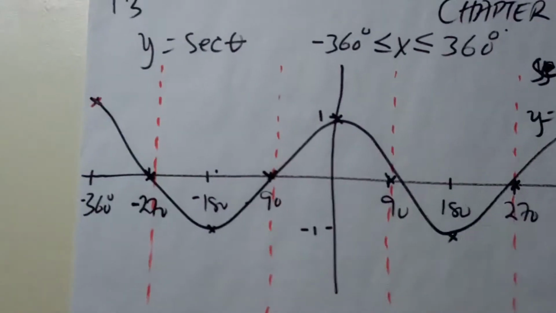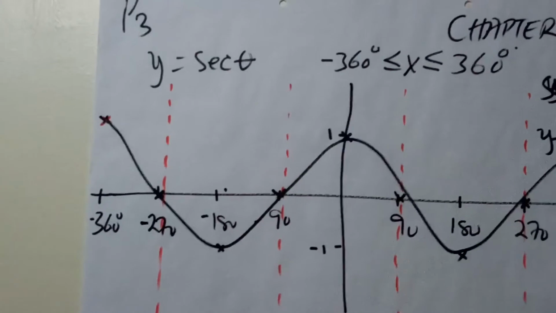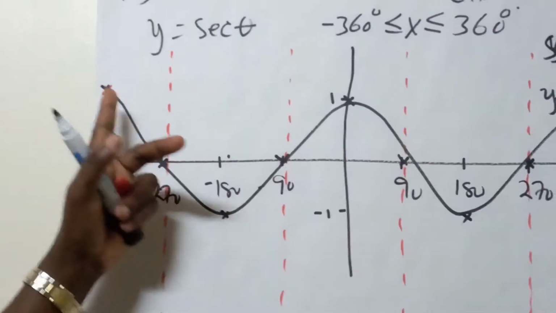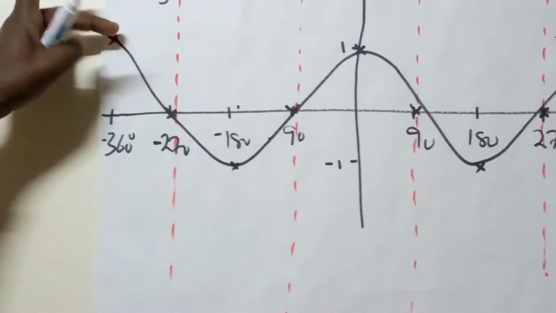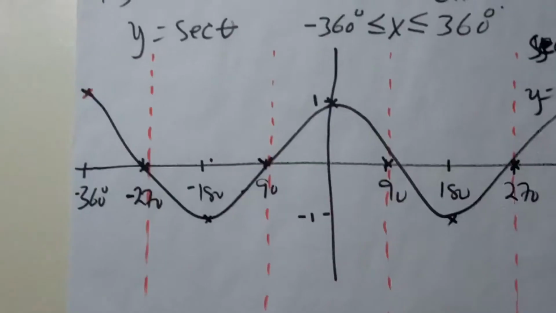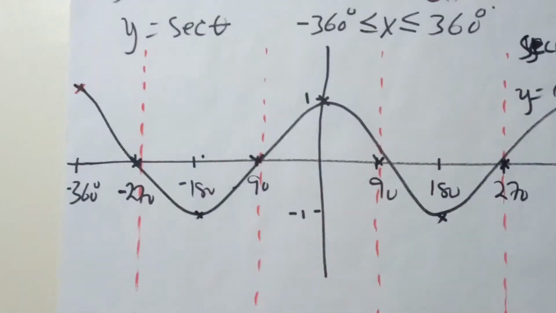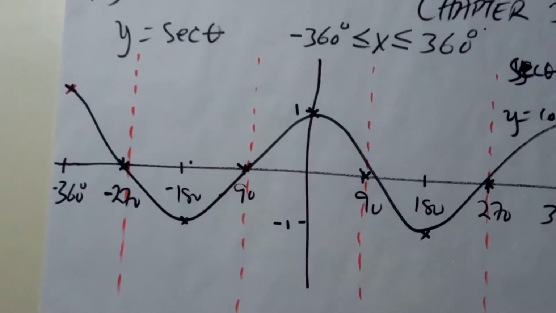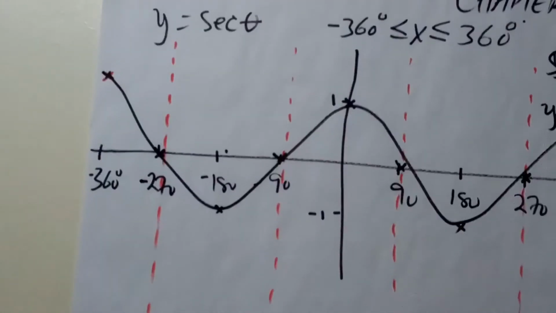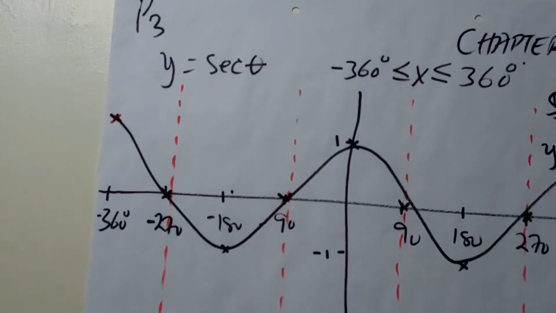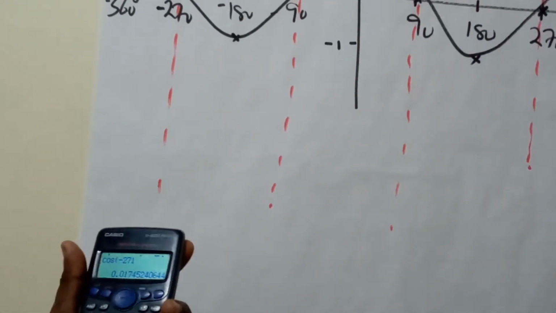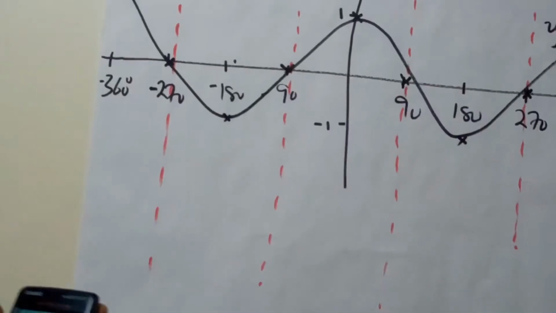Moving to the right, we realize that the cosine of negative 270 is 0. But we need to know which direction the new graph takes. If we took the cosine of negative 271, we are going to realize that it is a very small positive number, 0.0174.